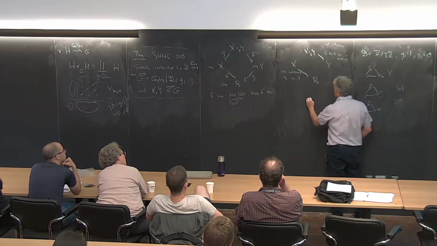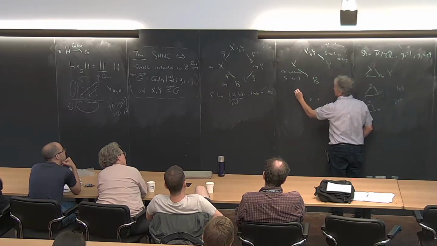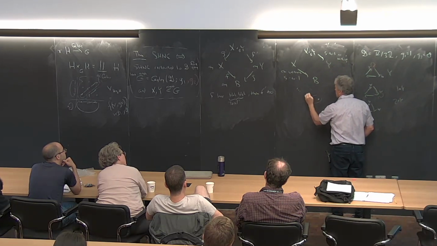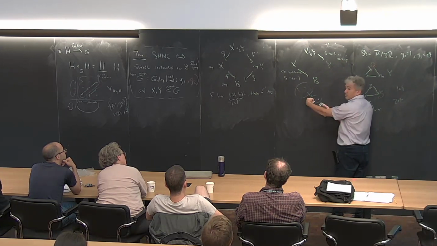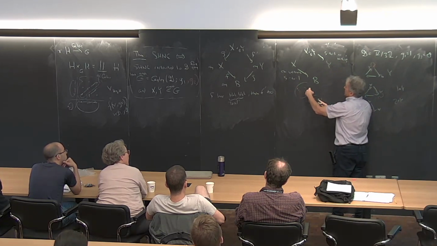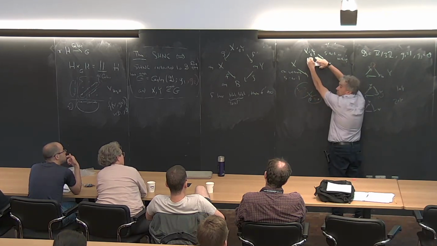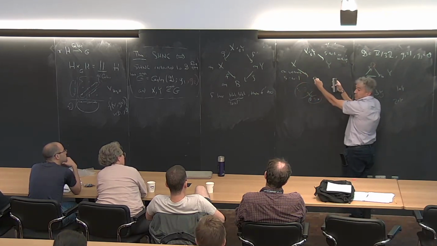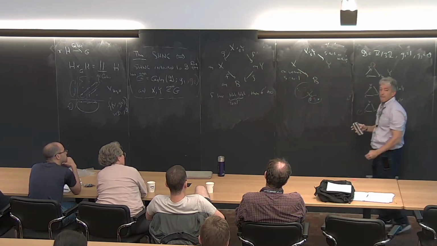And the reason is that if B has a few vertices and X has 1, 2, 3, 4, 5, 1, 2, 3, 4, 5, maybe some edges, mapped this way, then every vertex fiber here has 5 copies. But the vertex set of this is just the fiber product of the vertex set.